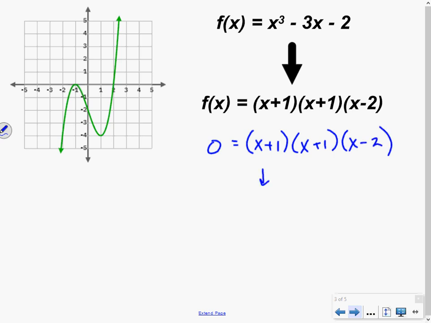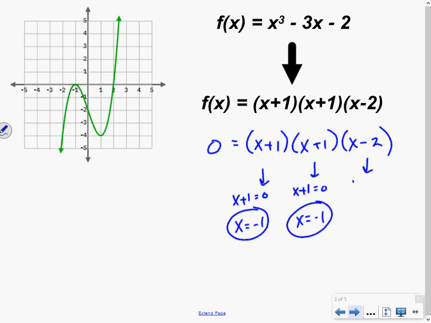Here, when I set x plus 1 equal to 0 and solve, I get x equals -1. Since I have a repeat, a duplicate of that factor, again, I'm going to get another 0 of -1. Here, I'm going to get a 0 at 2, which again is where we saw those zeros appearing on our graph, at -1 and at +2.